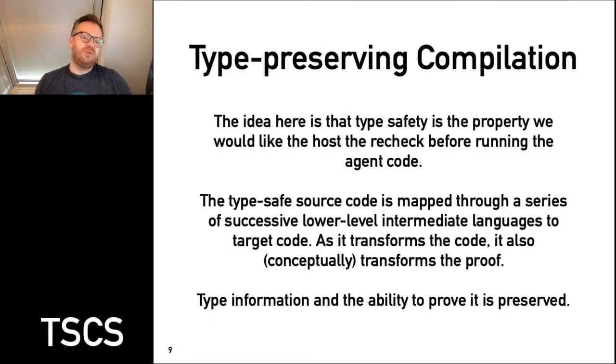This is the translation part that we talked about. And as it transforms the code, it also transforms the proofs. So we preserve type safety and these checkable proofs along the compilations, because we translate them too. This means that type information, the ability to prove it, is also preserved. We do not erase anymore. We actually provide you more than before in order to verify easily, and we translate this down.